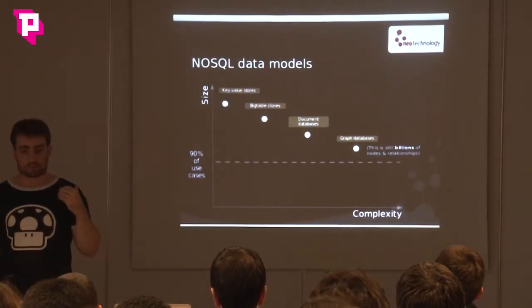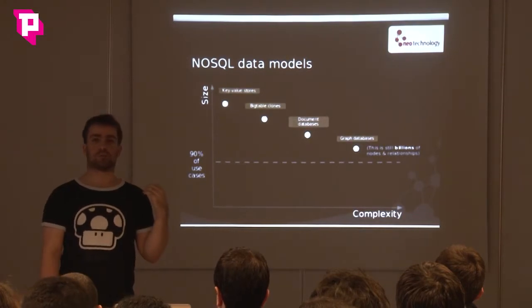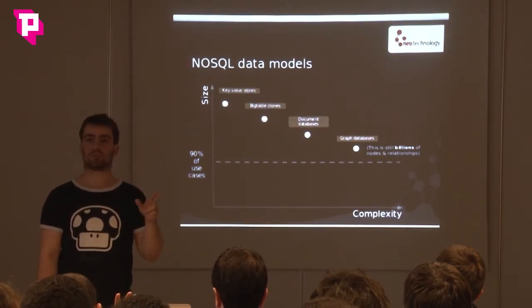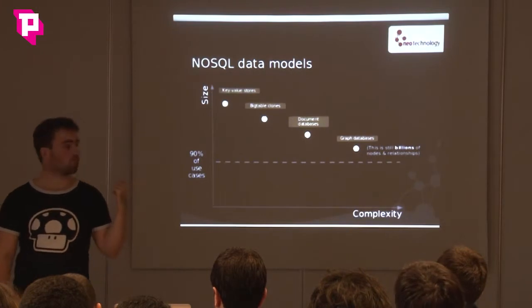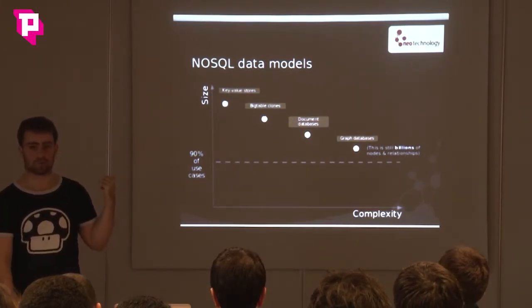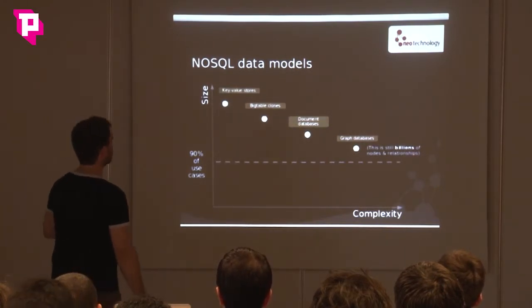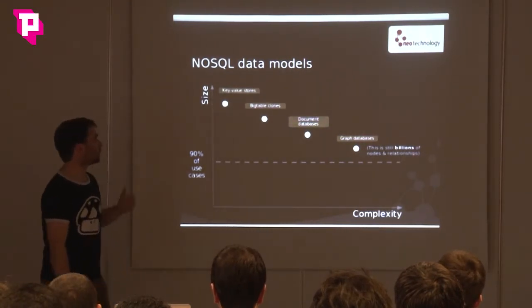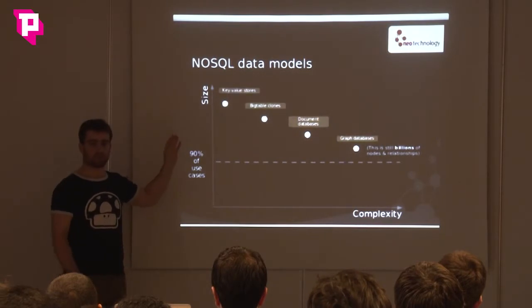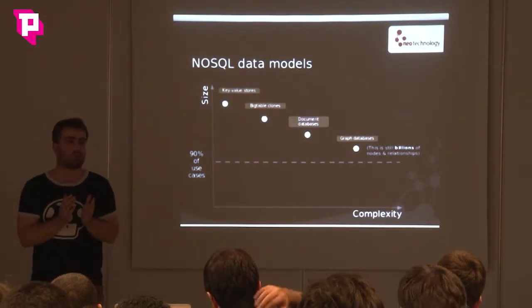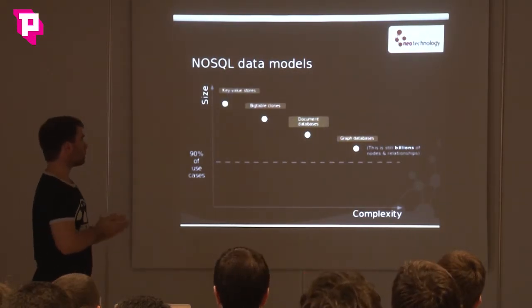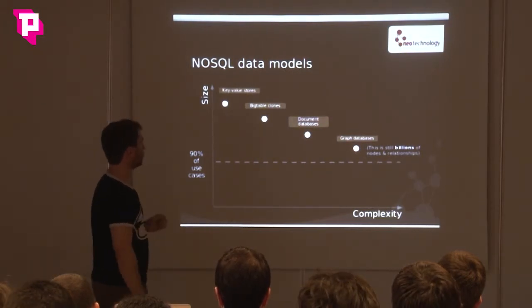I don't know who was in the MongoDB talk previously. Alright, so you saw more or less the same picture, but he forgot graph databases, that was not nice. But more seriously, key-value stores are very efficient. Of course, their complexity is very basic, it's just key and value, but they can scale very easily.